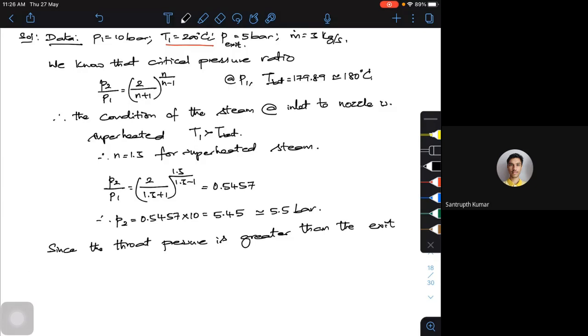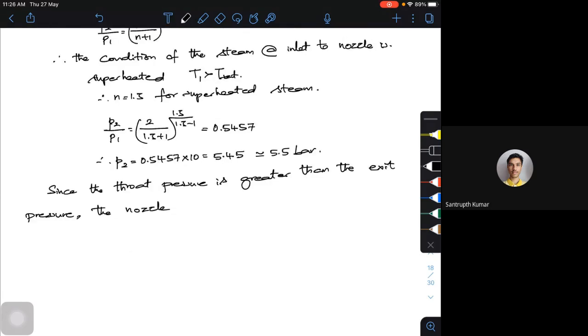Since the throat pressure is greater than the exit pressure, the nozzle used is a CD type of nozzle.